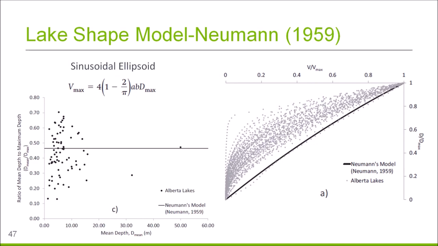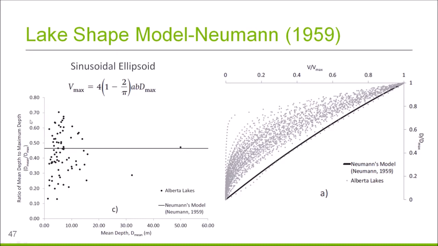So in order to do that, the first thing we looked at is some of the lake shape models available in literature. The first one we call the Newman model, from a 1959 paper. Now I have two different plots here. On the left side, I'm showing the mean depth of a lake and the ratio of the mean depth to maximum depth.